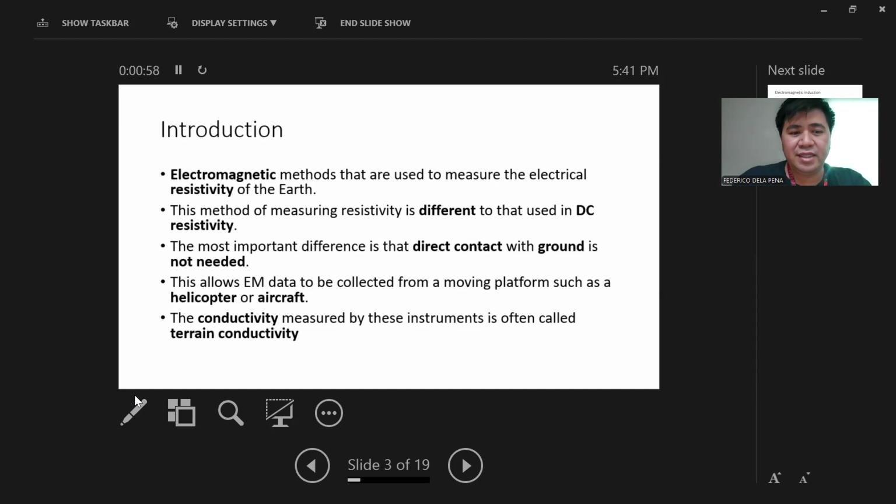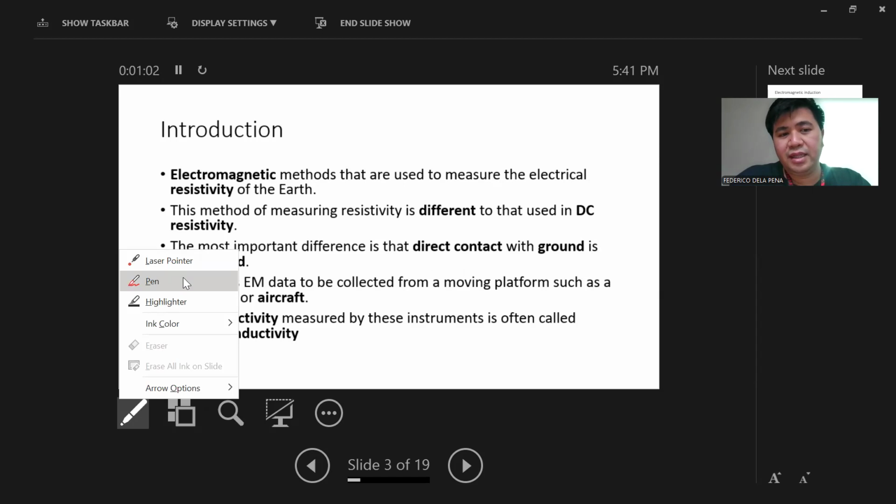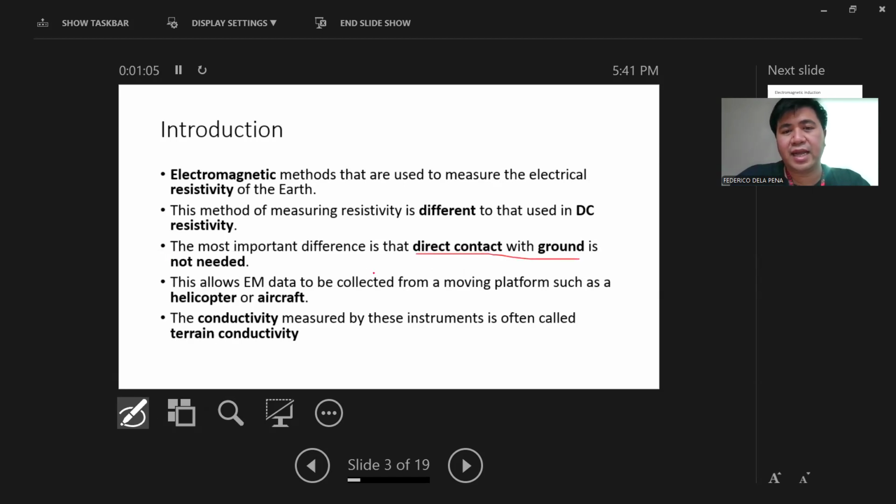Although the big difference here is we do not need a direct ground contact when we are using EM or electromagnetic methods, right? And as a consequence, the advantage of that is we can conduct airborne electromagnetic surveys. We can measure the conductivity or resistivity using aircraft.